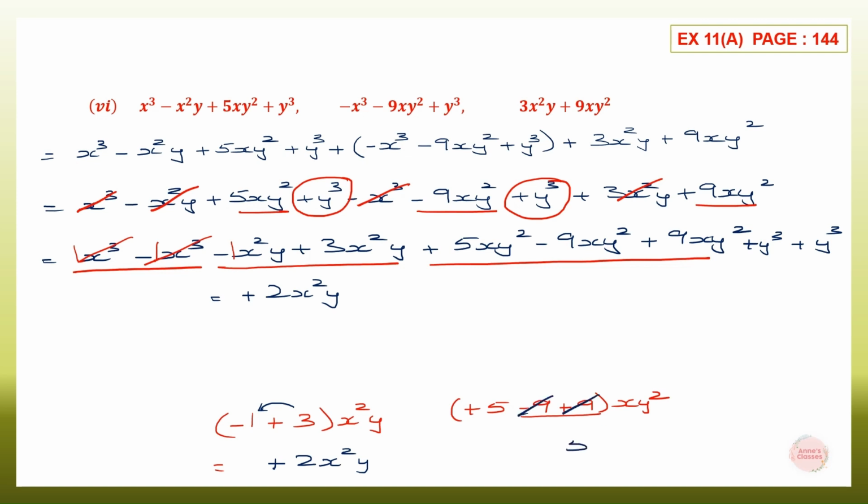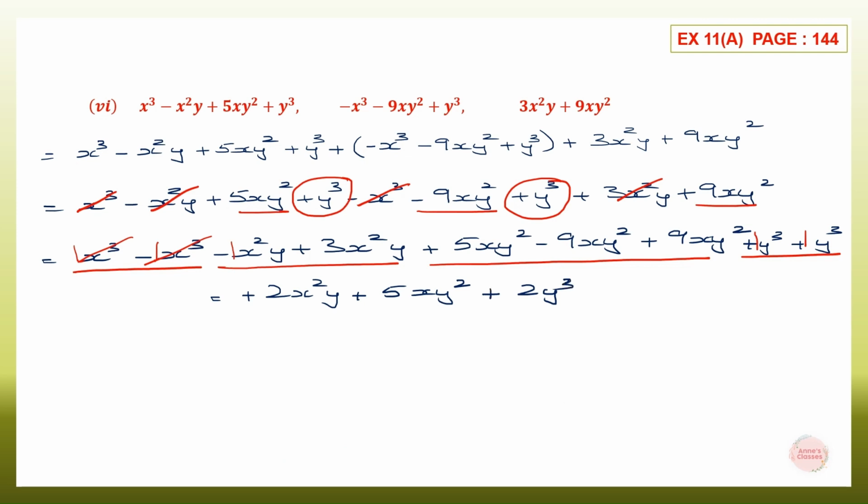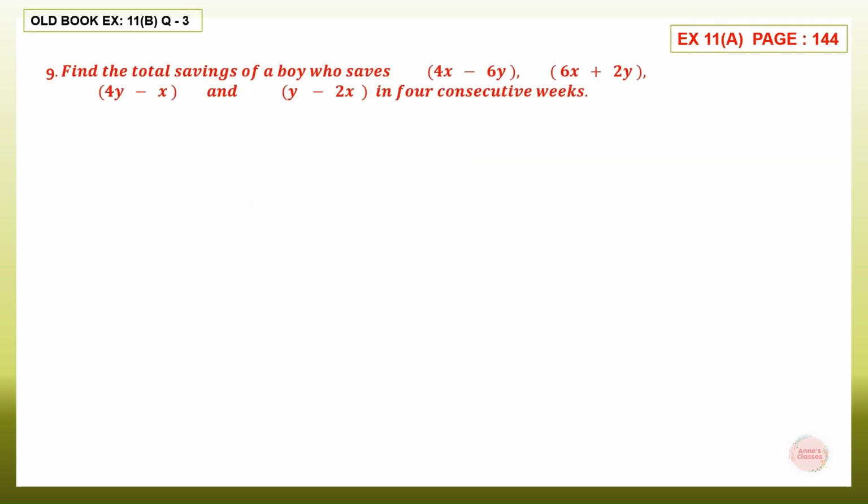What is left is only plus 5xy square. Then at the end we have y cube plus y cube, 1 plus 1. That makes it 2y to the power of 3. So this is our final answer: 2x square y plus 5xy square plus 2y cube.